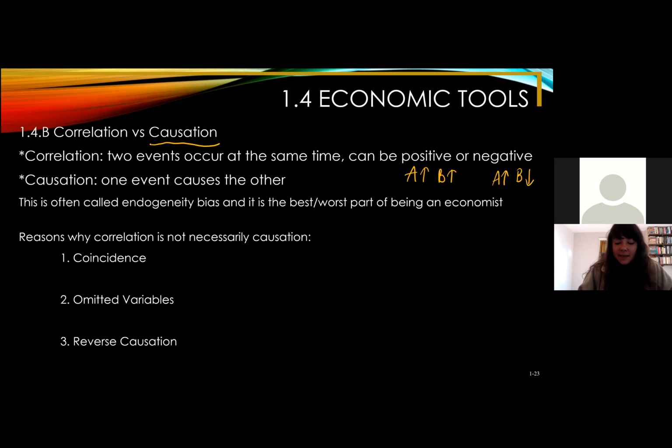We're not saying that the sweat caused the temperature or the temperature caused the sweat or vice versa. We're just saying they move together. Causation would be if we said it is the temperature that is causing the sweat and not the other way around. Me sweating cannot make the temperature go up, although if we're in a small enough room, I guess it could.